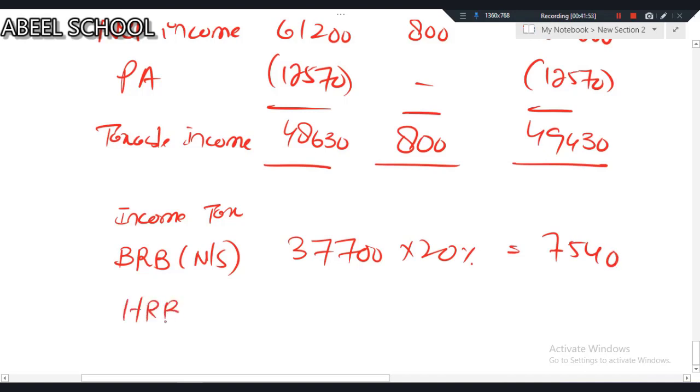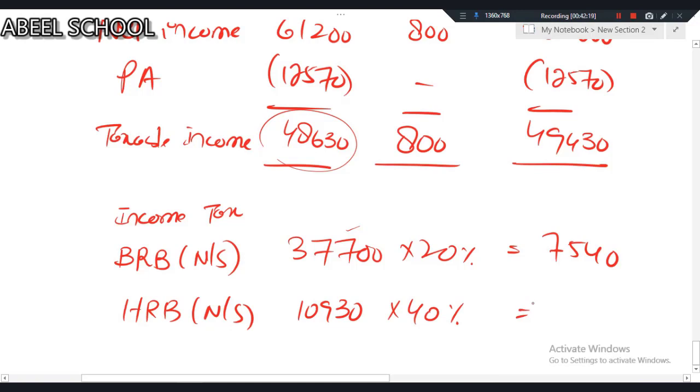Higher rate band: from 48,630, you need to deduct 37,700, because out of this 48,630 we have taxed 37,700. 48,630 minus 37,700, I'm getting 10,930. I'll take 40% of this. It is 4,372.